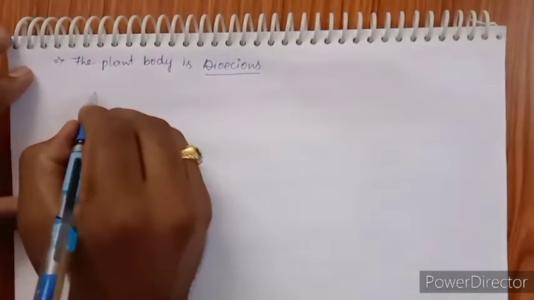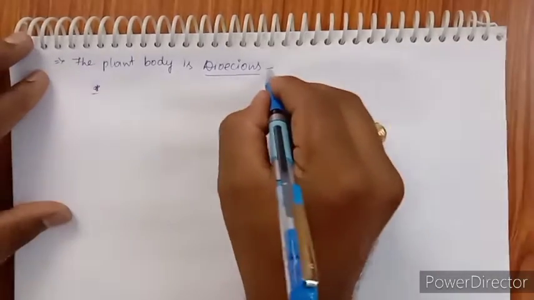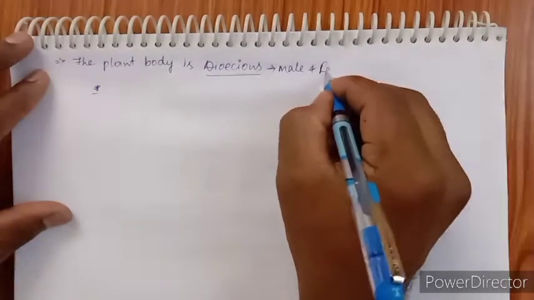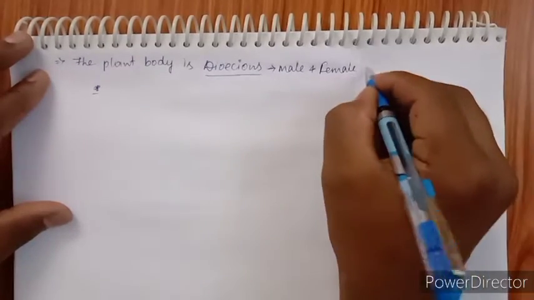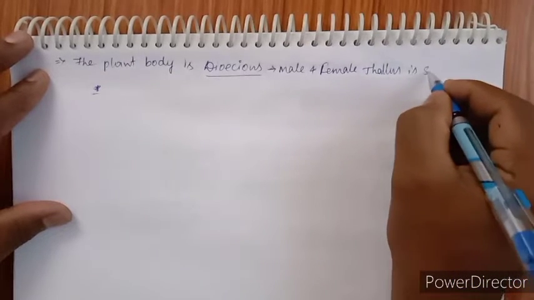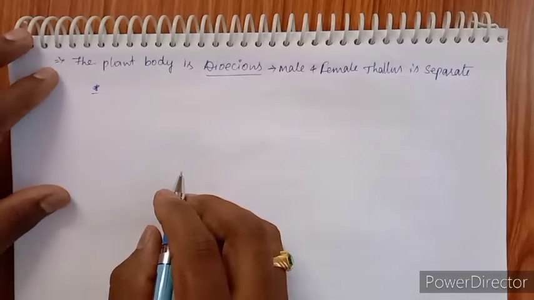So what is dioecious? It means that the male and female thallus are separate.